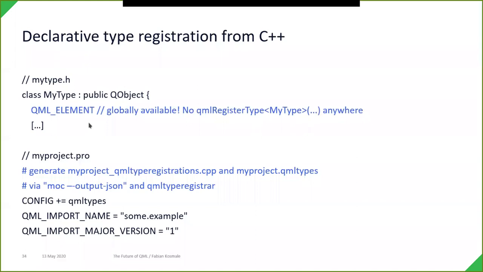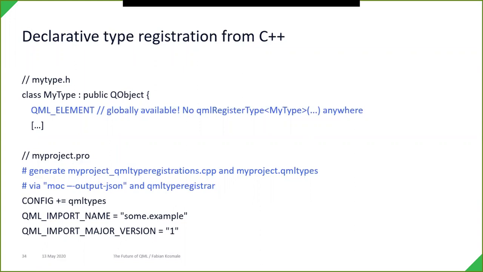The only other thing is, if you have a QMake project, then you will have to add qmltypes to CONFIG, which tells moc to basically create a QML types file. And then you also have to specify the import name, because there must be some way for our tooling to know how the module should be called.